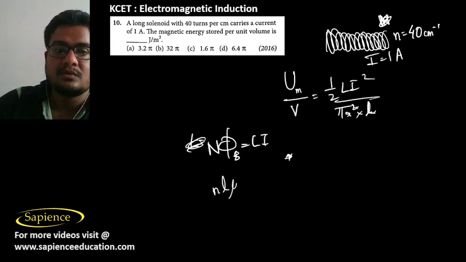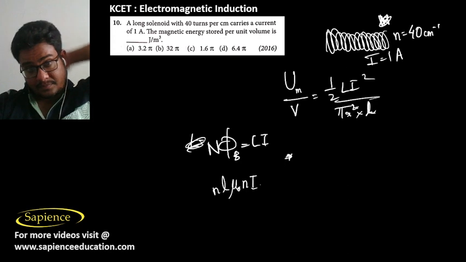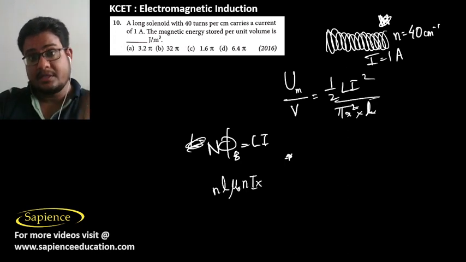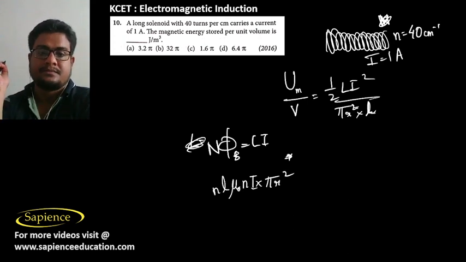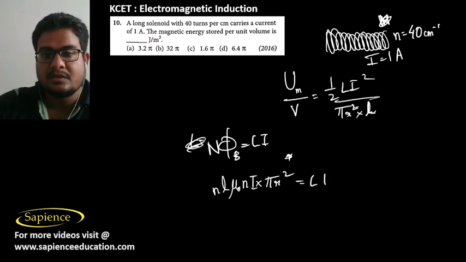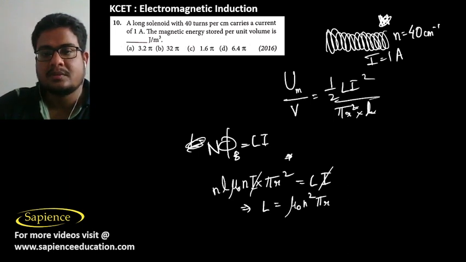Magnetic field is mu naught n I, into area, which is pi r square. That is equal to L into I. Cancel. It is equal to mu naught n square into pi r square L.